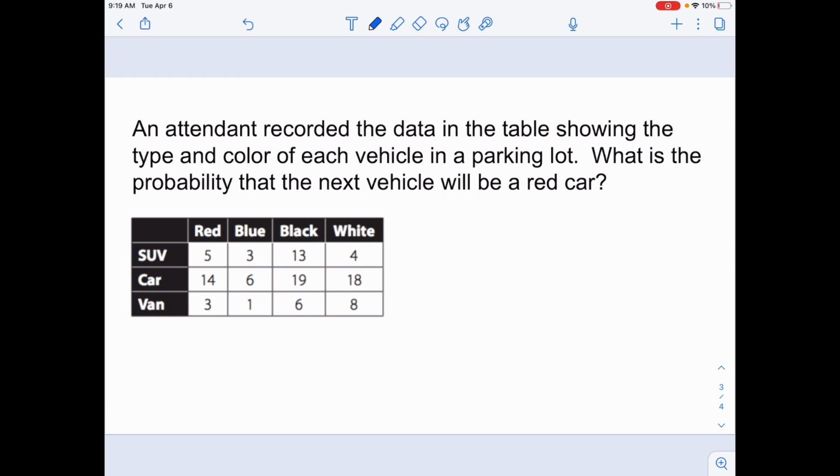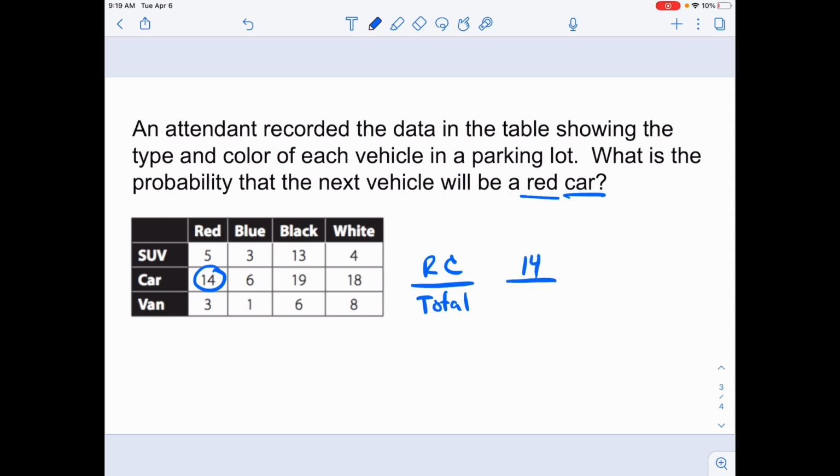All right, looking at this example, it says an attendant recorded the data in the table showing the type and color of each vehicle in a parking lot. What is the probability that the next vehicle will be a red car? First, we're going to look for a red car out of the total. There are 14 red cars.